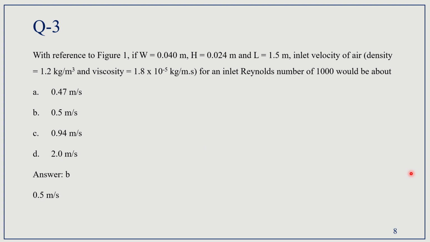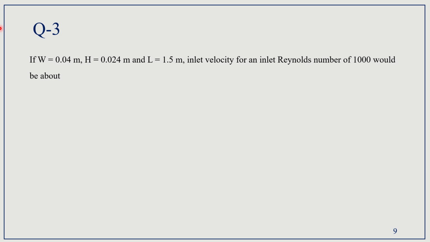We'll solve this problem similar to how we solved the last case. So we first mention all the given conditions. Here the width is 0.04 meter and height is 0.024 meter.